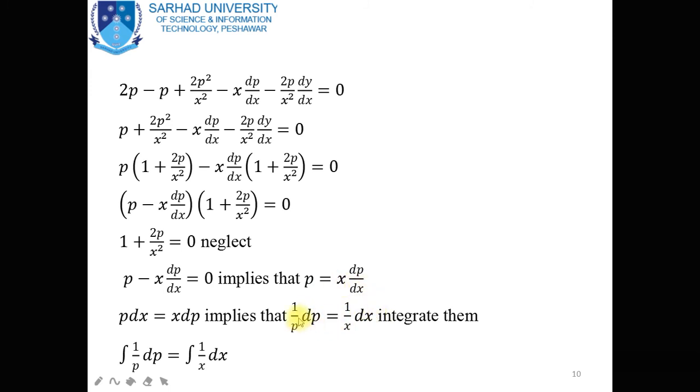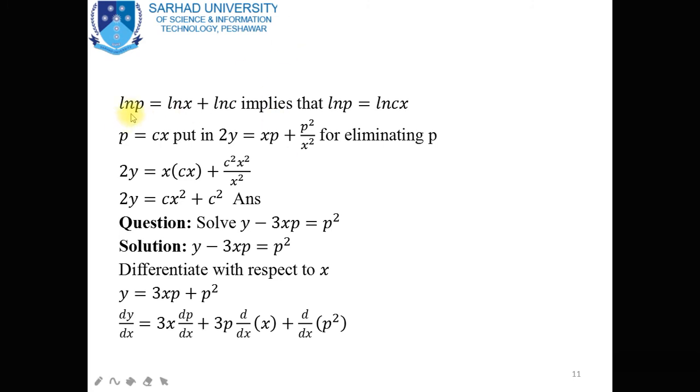Now taking integration, we obtain integration of 1 over p with respect to p and integration of 1 over x with respect to x. So integration of 1 over p with respect to p is natural log of p, equal to integration of 1 over x with respect to x, which is natural log of x plus log of c, where c is the constant of integration, and this implies that natural log of p is equal to natural log of c into x. So this implies that p is equal to cx.